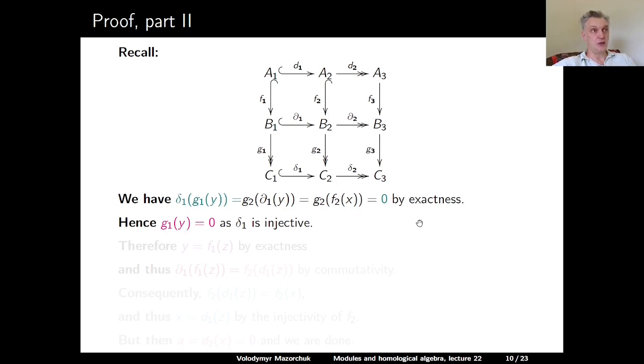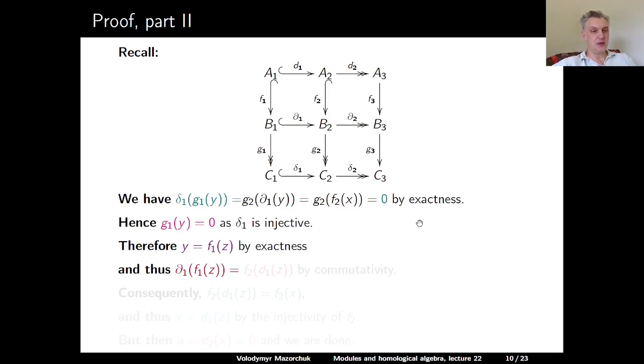The third row is exact. Therefore, we can write y as f1 of z because the first column is exact. So here z is some element in A1. So now we look at the top left square.